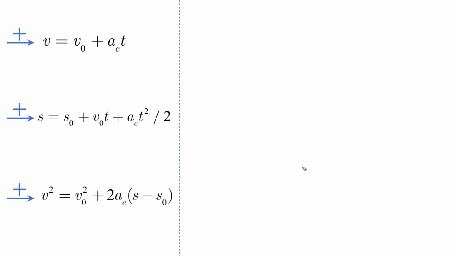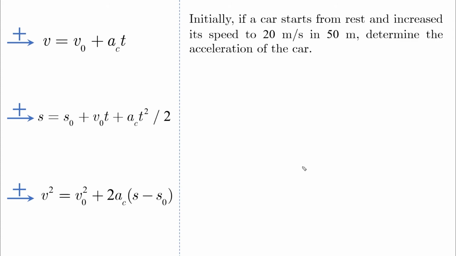In this exercise, initially, a car starts from rest. Rest always has only one meaning, v naught equals 0, and it increases its speed to 20 meters per second. This is the final v, in 50 meters, delta s or displacement. Determine the acceleration of the car.